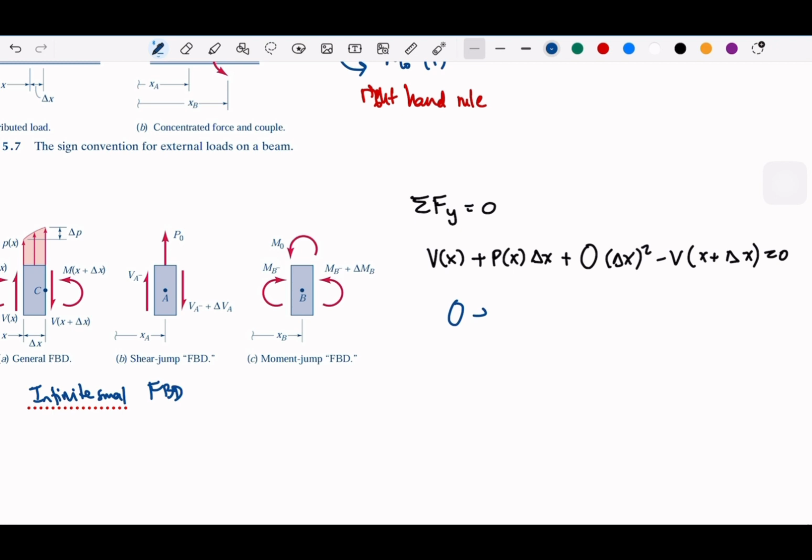This O means of the order of, and delta P is approximately closer to delta x.